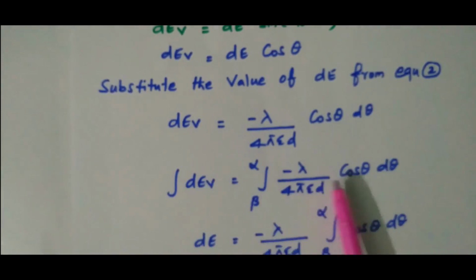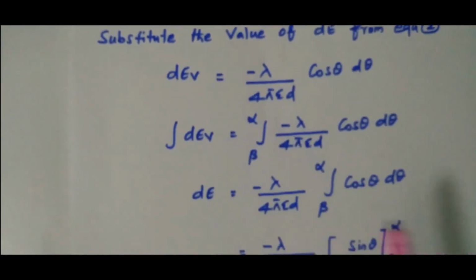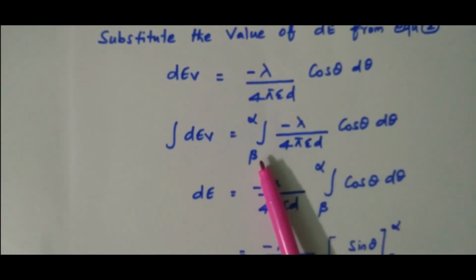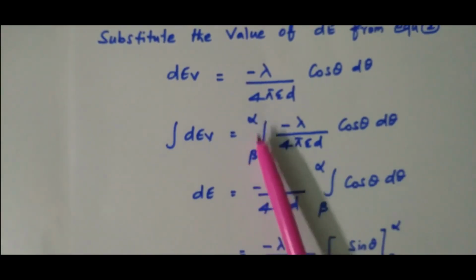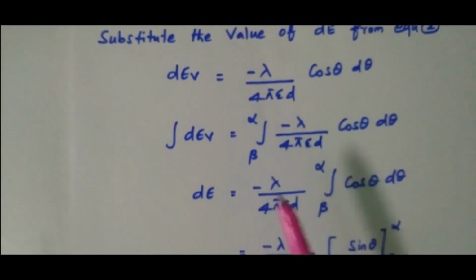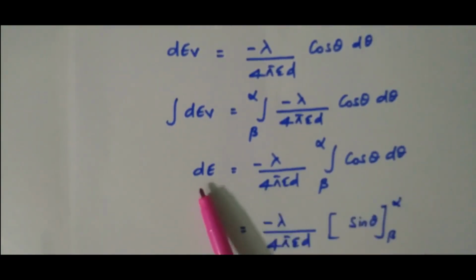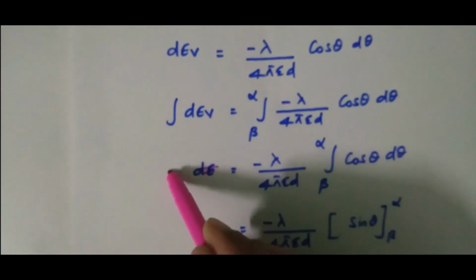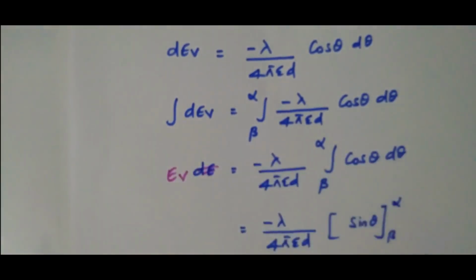By integrating on both sides, we will get the total vertical component. The limit is beta to alpha. We already discussed the limit will be beta to alpha. So the integral of DEV is nothing but EV, the vertical component, equal to minus lambda divided by 4 pi epsilon d integral from beta to alpha of cos theta d theta.